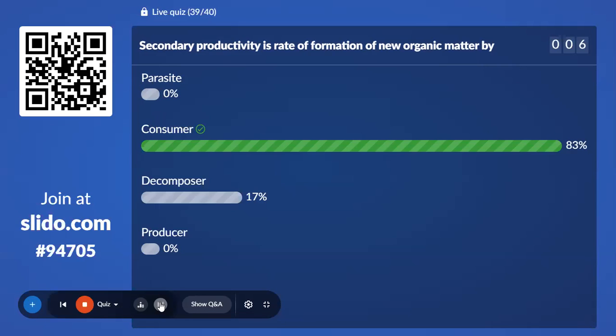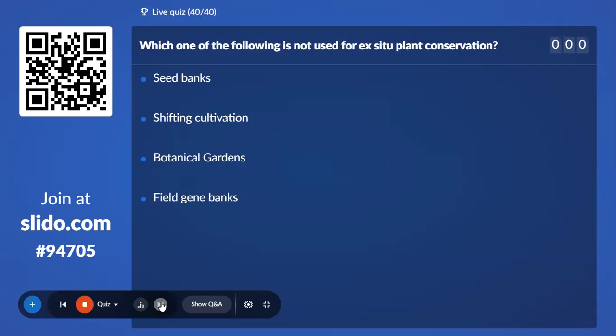Last and the final question of QUIZTOPEDIA for today on the screen. Which one of the following is not used for ex situ plant conservation?